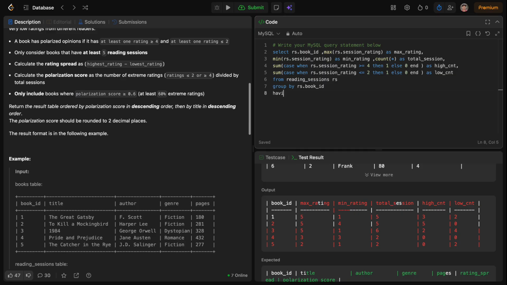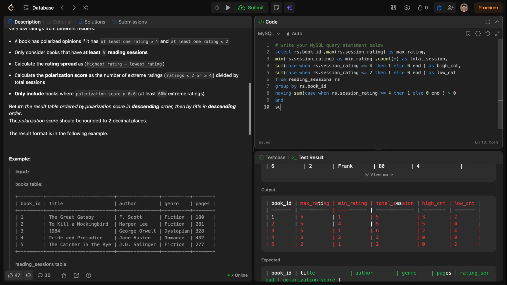So we extract only those having the sum of case when rs.session_rating is greater than or equal to 4, then 1 else 0, greater than 0, and the same for sum of case when rs.session_rating is less than or equal to 2, then 1 else 0, greater than 0.